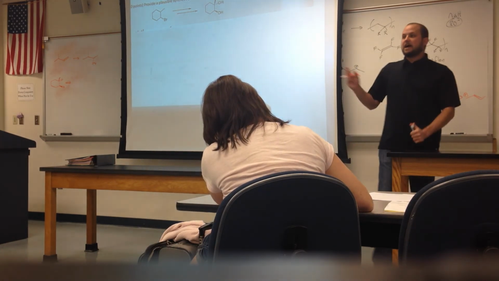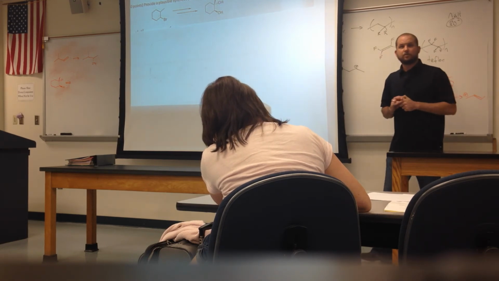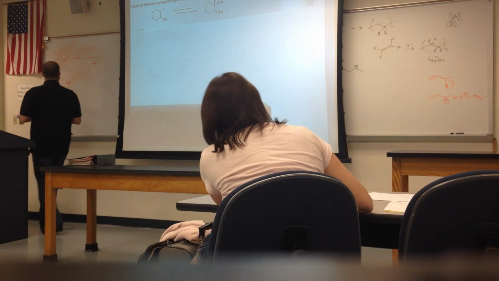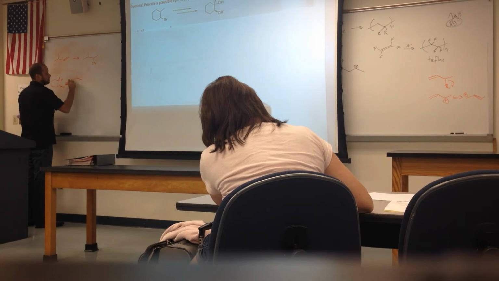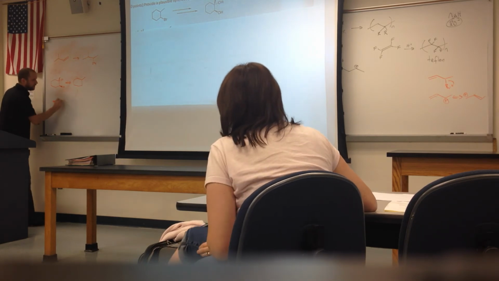So the question is, how do we make anti-diols? You only know one way. What is the one way you know how to make them? You know how to make them from an alkene. How do you make them from an alkene?